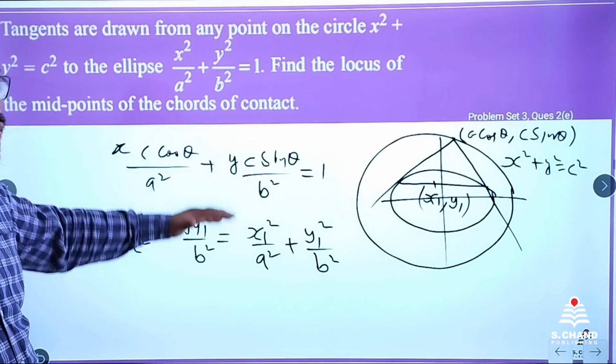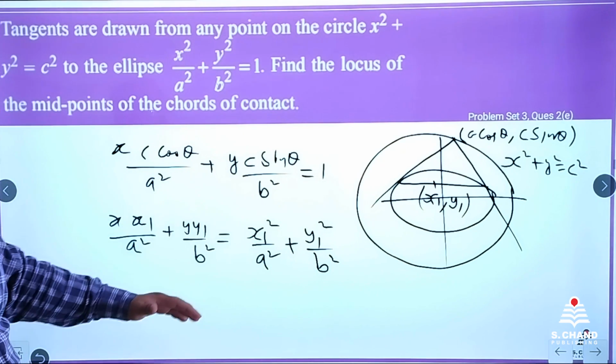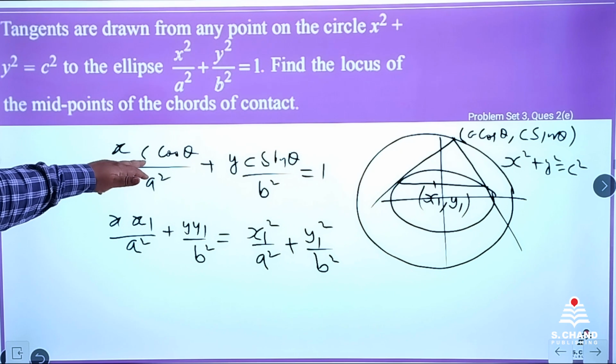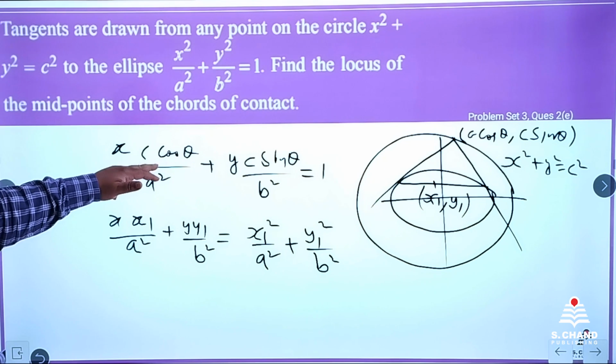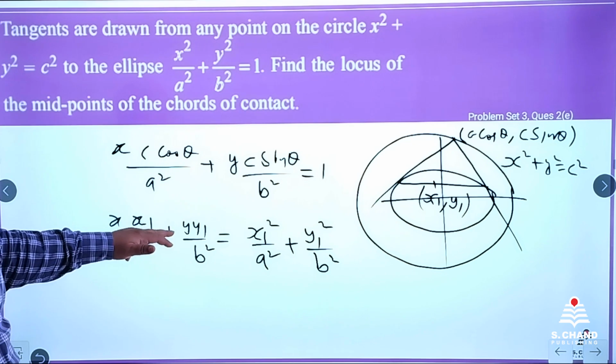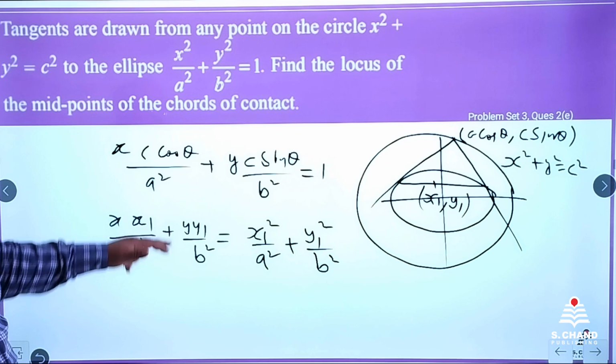Now these two equations are the equations of the same chord. This equation is obtained by finding the equation of the chord of contact, and this equation is obtained by finding the equation of the chord with midpoint x1 y1.